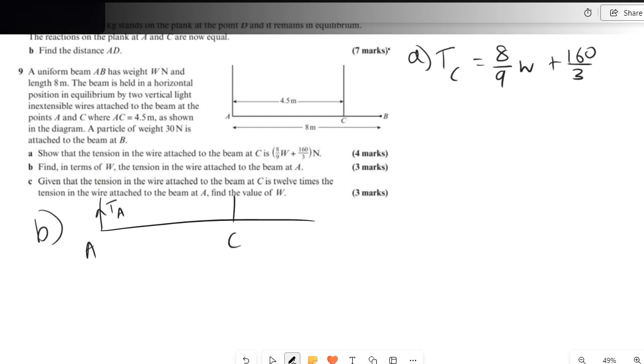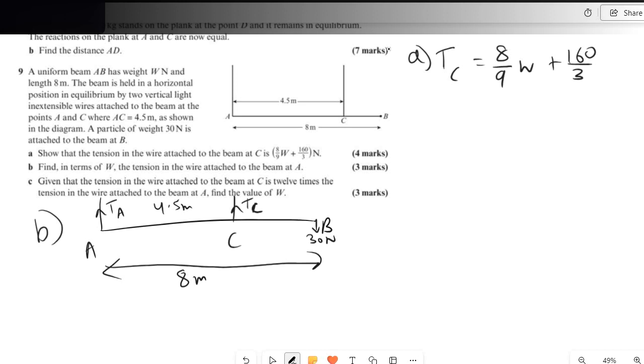Similarly, this is C, where there was a tension TC, and this is B. And we also had the distance of AB being 8 meters, and the distance of AC being 4.5 meters. Similarly, a particle of weight 30 newtons was attached to the beam at B. Now we have to find the tension at A.